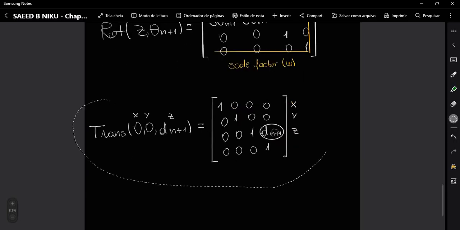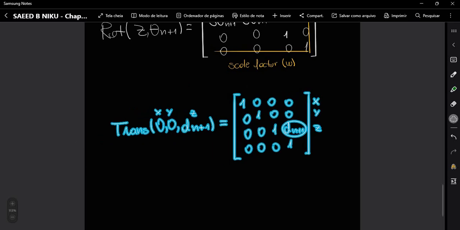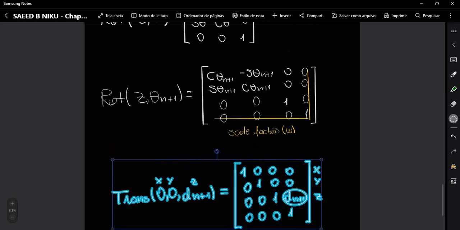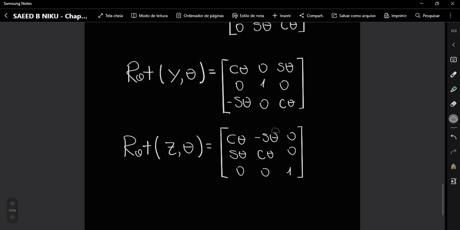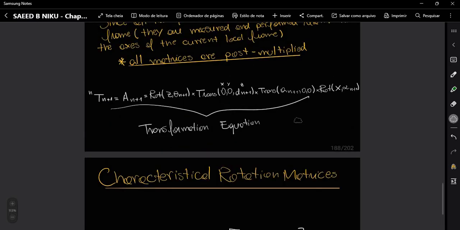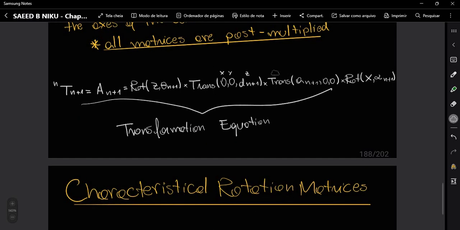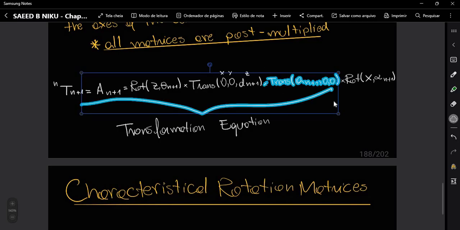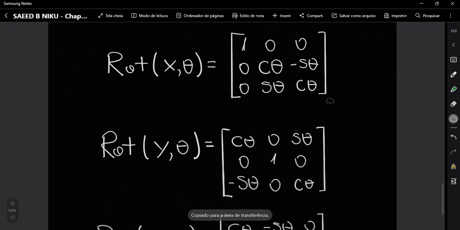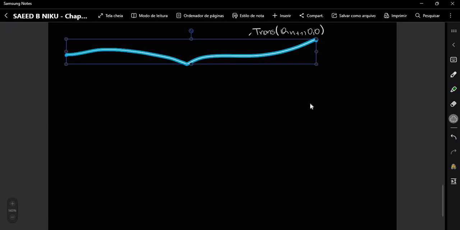Now the third transformation, which is another translation, two translations in sequence. Let's do right here.